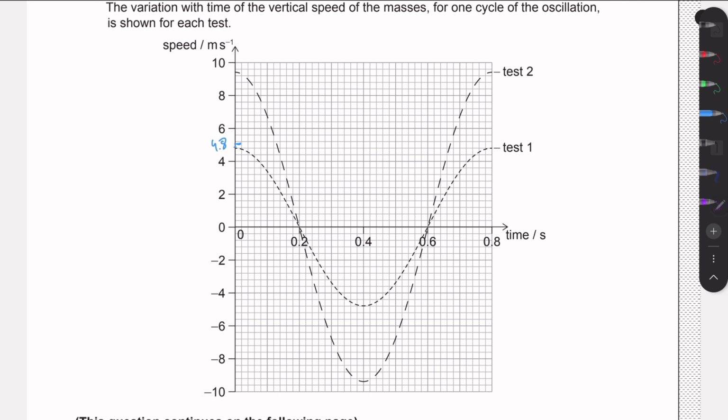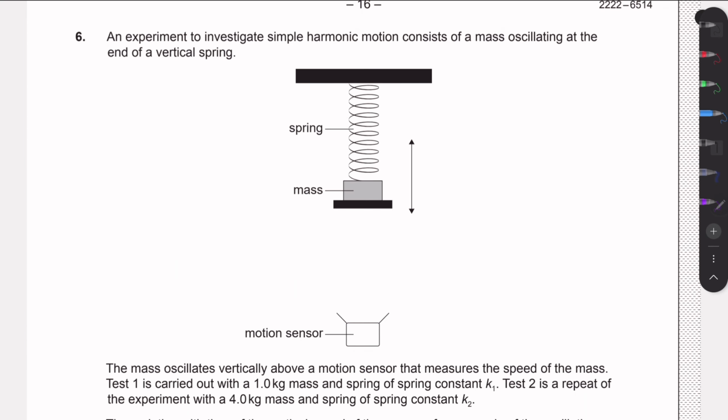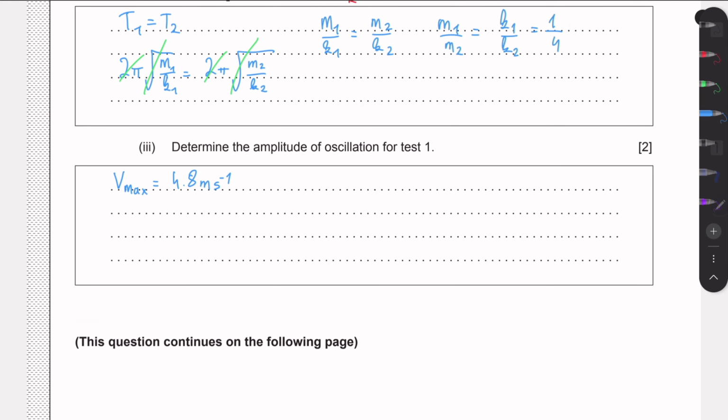It is a little bit above halfway, which would be 5. So V max is equal to 4.8 meters per second. And we know that the maximum speed for an oscillation like this occurs when the mass is at the middle of the oscillation, as that's when it has zero potential energy and therefore maximum kinetic energy, as the energy remains constant throughout an oscillation.